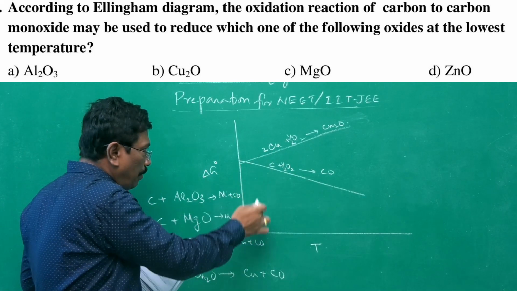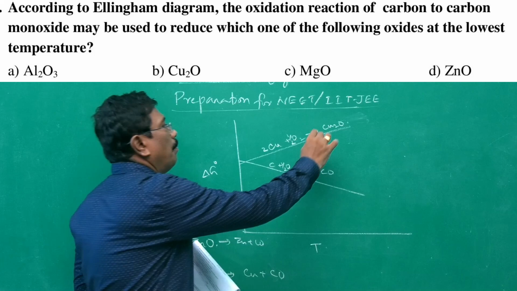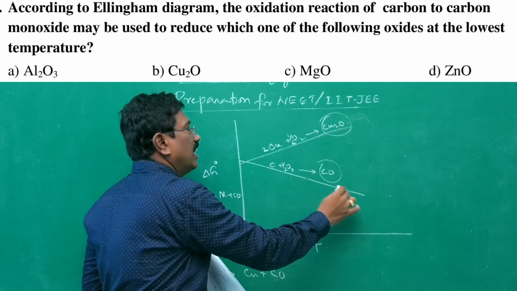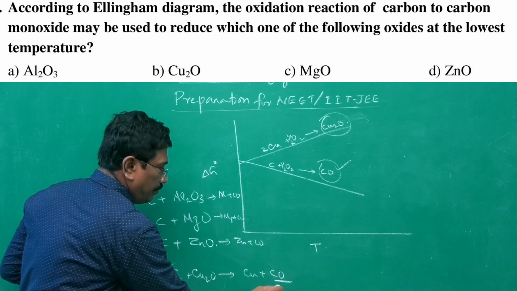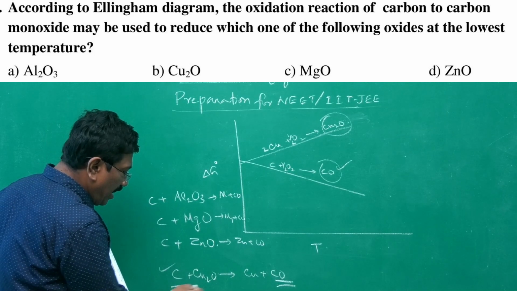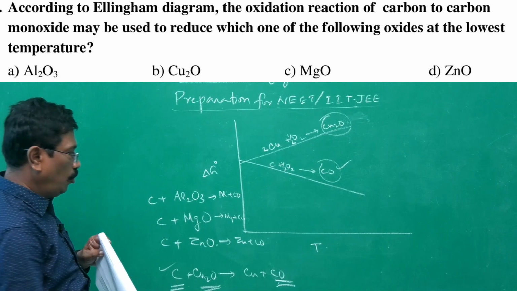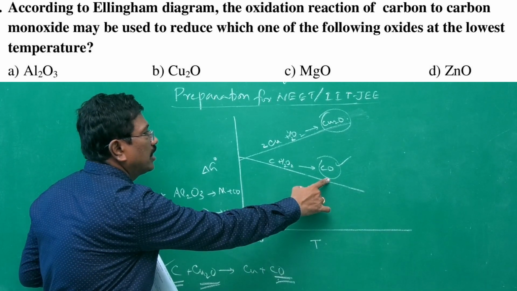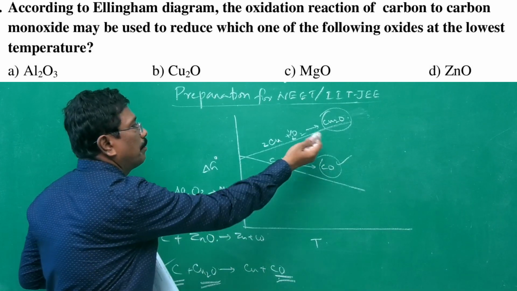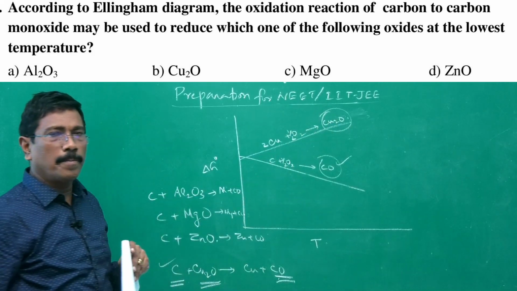That means at lower temperature, among cuprous oxide and carbon monoxide, carbon monoxide is stable. And therefore, carbon reacts with cuprous oxide to become carbon monoxide, to make carbon monoxide more stable, and cuprous oxide, being at the top, is less stable.